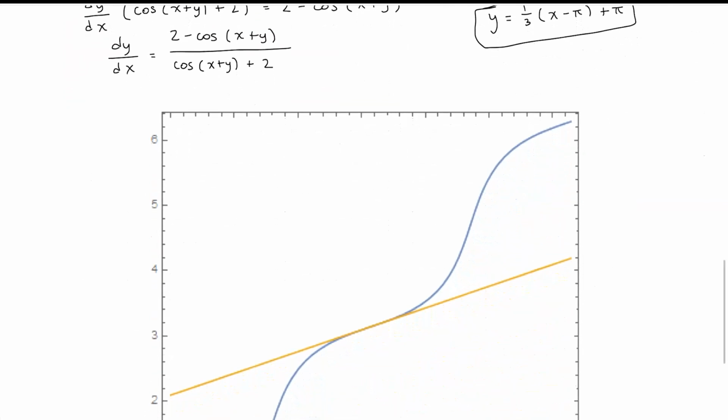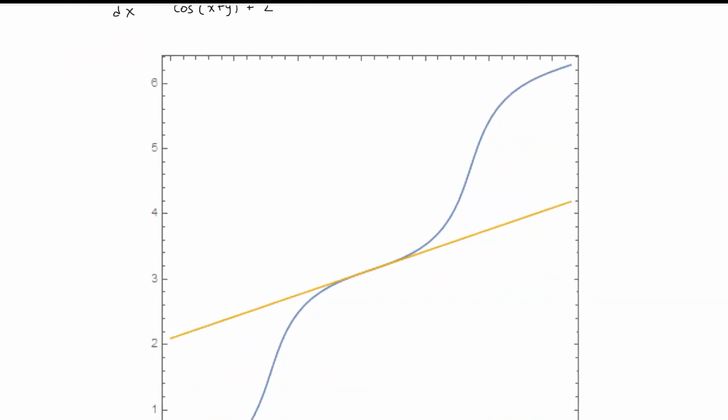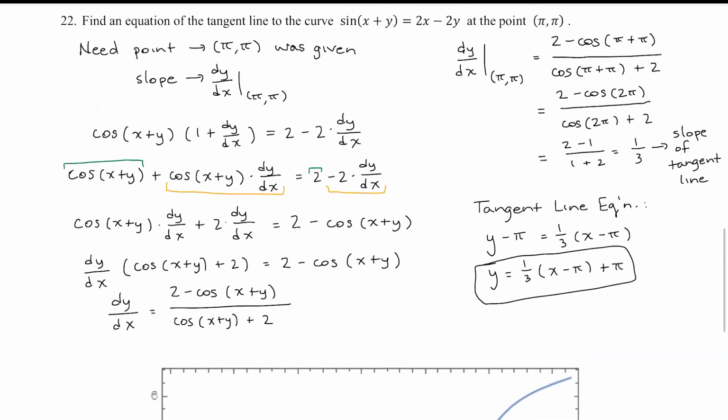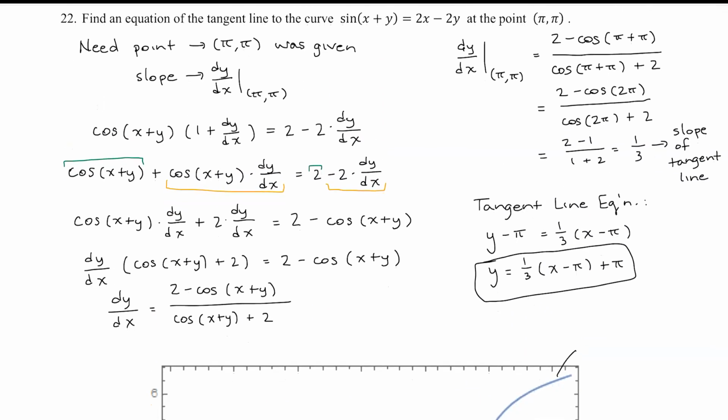Okay, I'm going to call this my final answer, and I do have a picture from Mathematica here where I graphed the given function, and I had to use a special command because, again, y is not an explicit function of x, but you can see the tangent line there in orange. That is the line y equals 1/3 times x minus pi plus pi.